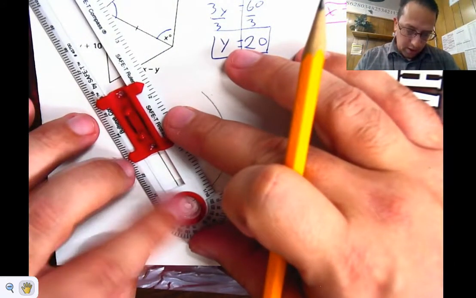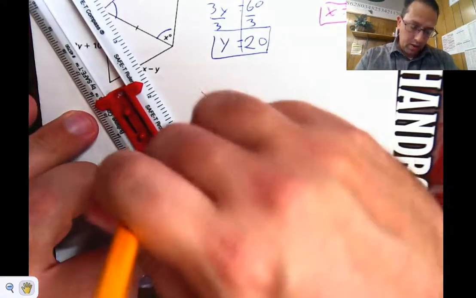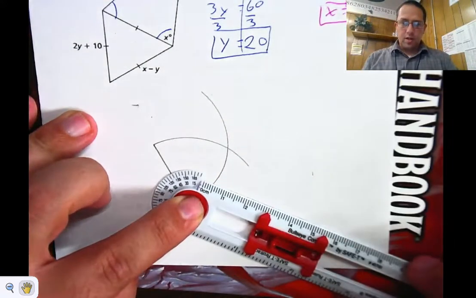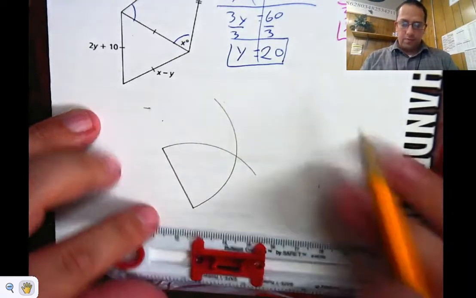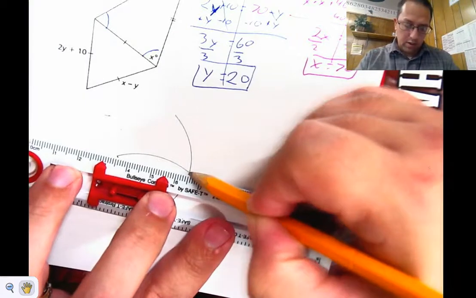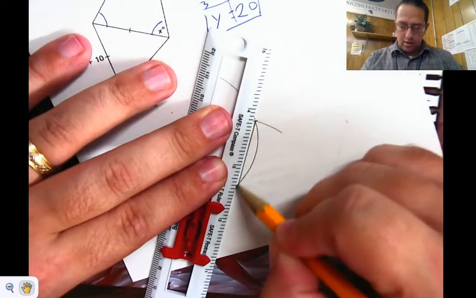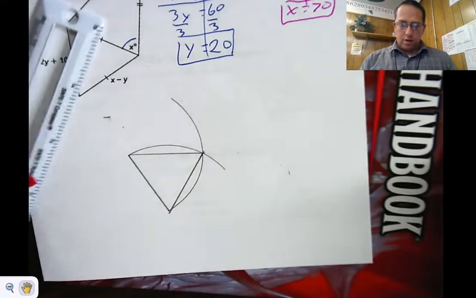Don't change my settings because I still want it to be at 3 centimeters. And draw another one on that side. Every point on this arc is 3 centimeters away from this one. The intersection right here, all I'm going to do is connect that. And I connect it right here. And there it is, an equilateral triangle.